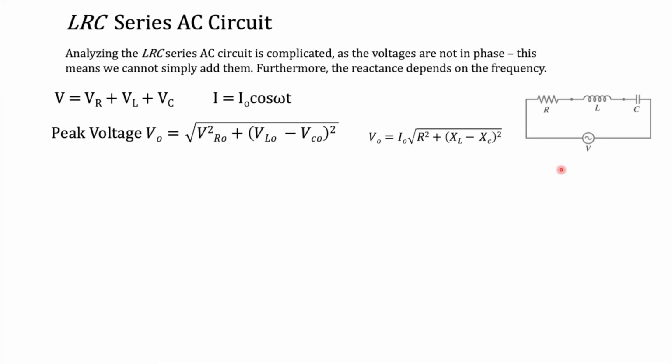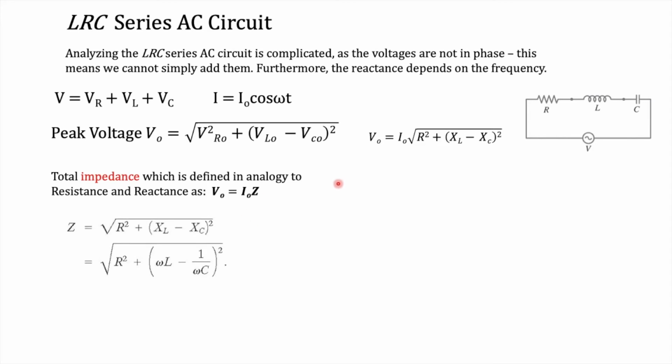There is a lengthy derivation in the course book if you'd like to follow, but at the end you will get your V naught, the peak voltage, related to all of these three elements as V naught squared equals the peak voltage across the resistor squared plus the difference of the peak voltages on the inductor and the capacitor squared, which is equivalent to V naught equals I naught times the square root of R squared plus (XL minus XC) squared.